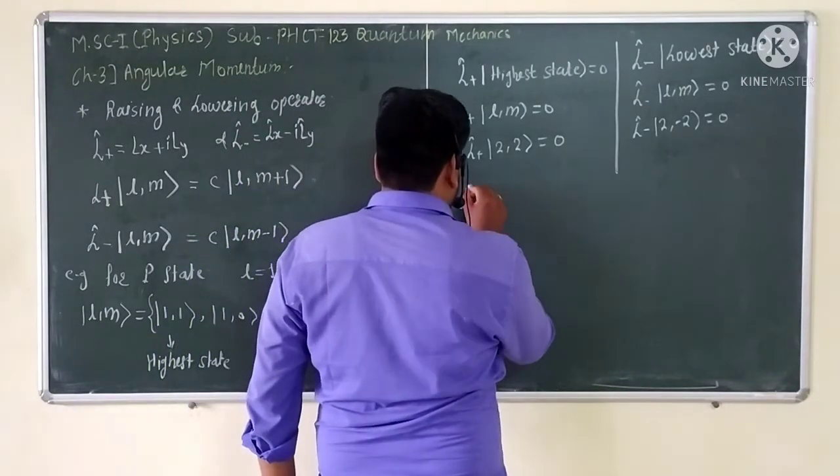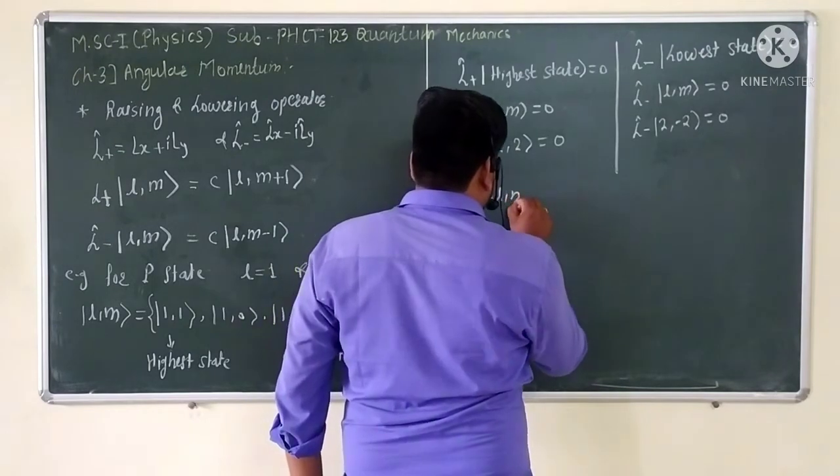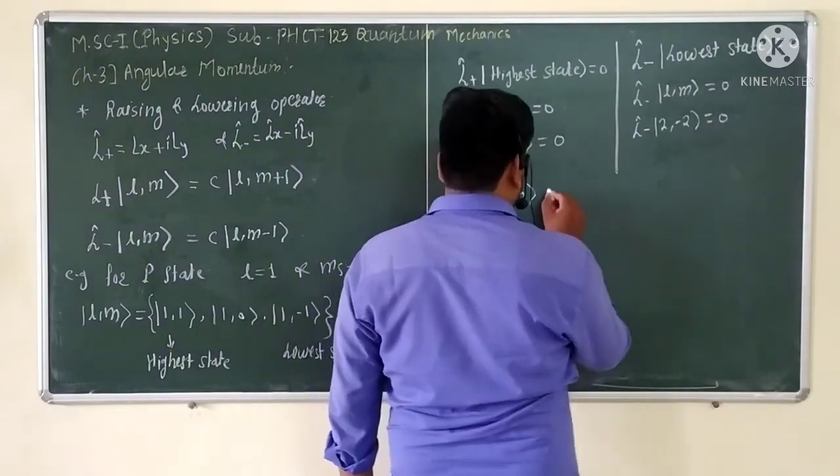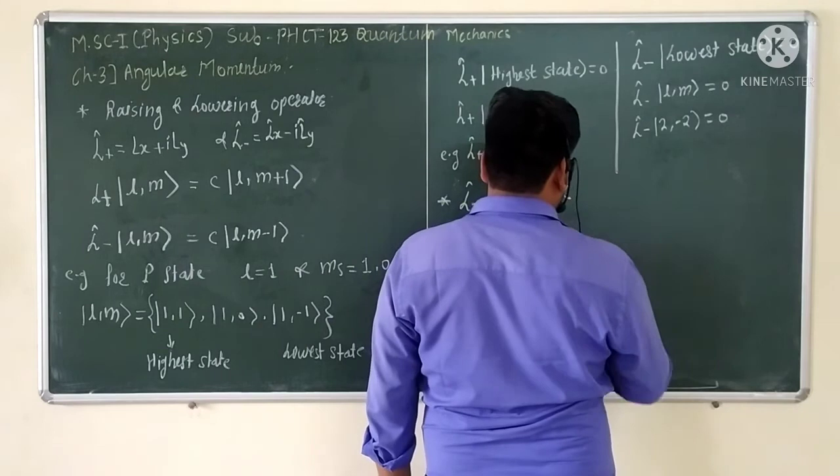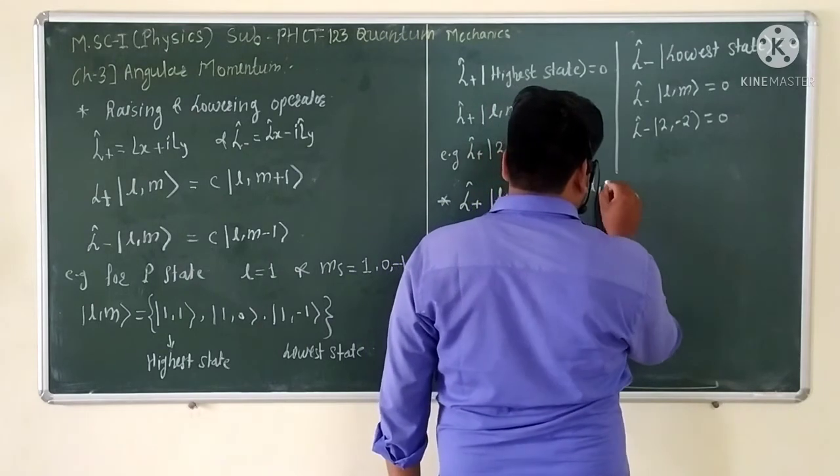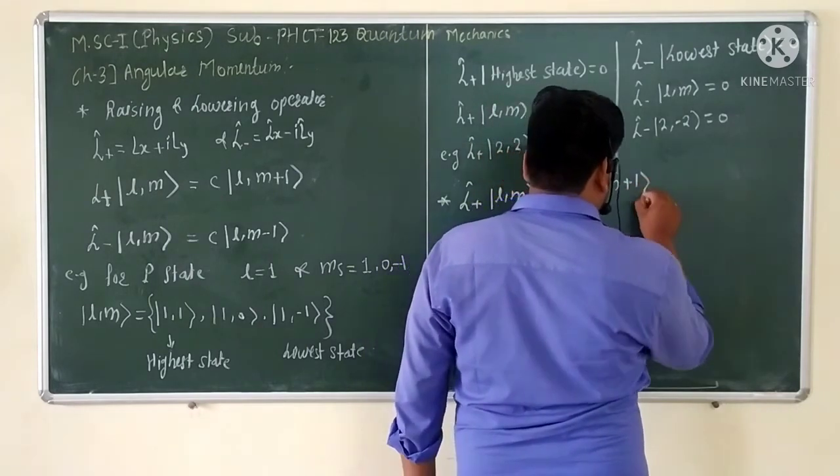So if we take the L plus operator, L plus on the ket L comma m is some constant C times the ket L comma m plus 1.